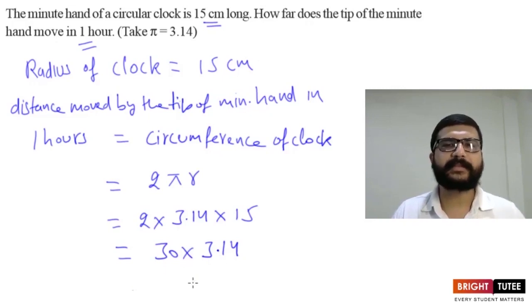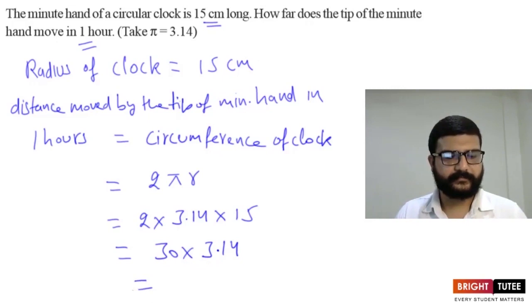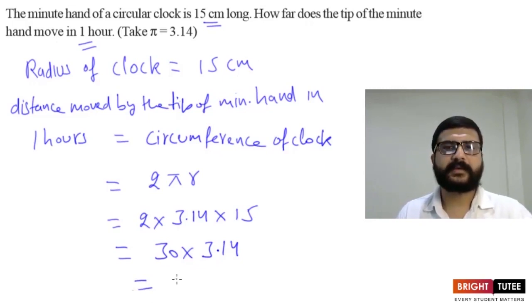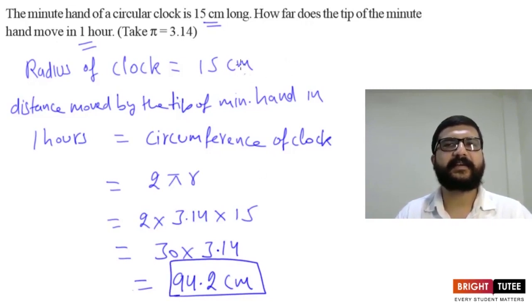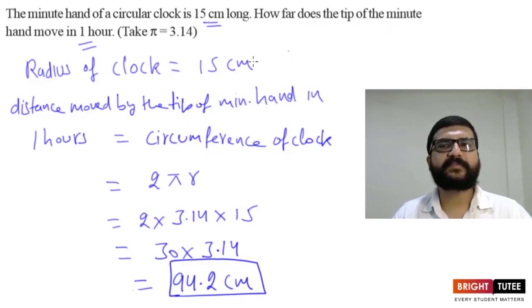So by multiplying them, we will get 94.2 centimeters. So this is the distance covered by the tip of the minute hand in 1 hour, that is 94.2 centimeters.